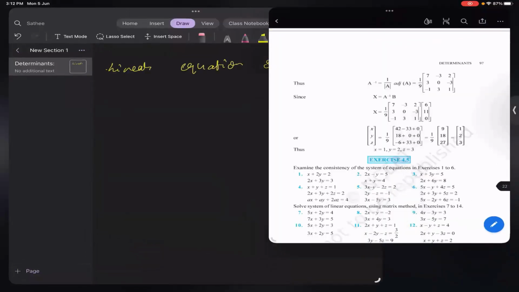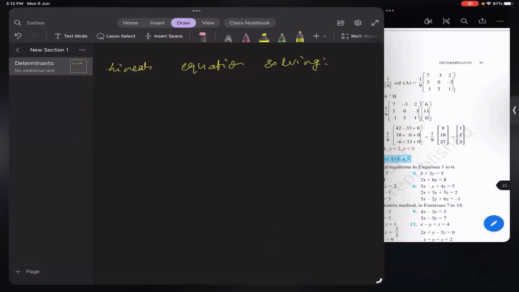We had checked the condition for any system of equations of the form m cross n, m equations and n unknowns.